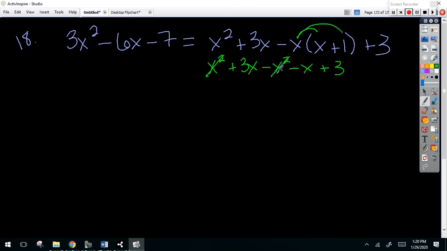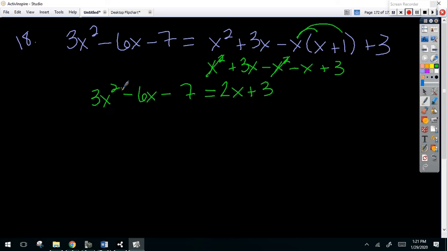An x squared and a negative x squared cancels, right? What else do you notice has happened? The 3x and the negative x would give me what? 2x and then plus 3. I'm going to put the other side back. And suddenly it doesn't look quite so bad anymore, right?